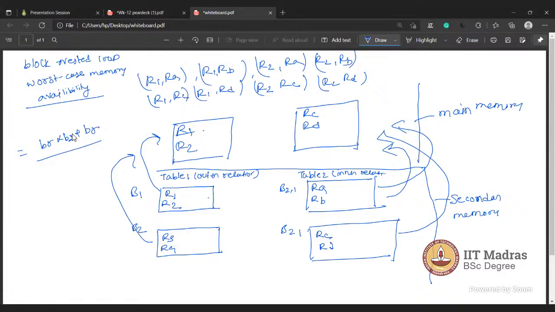But here, for RC and RD, we need to see when block 2 is moving into the main memory.